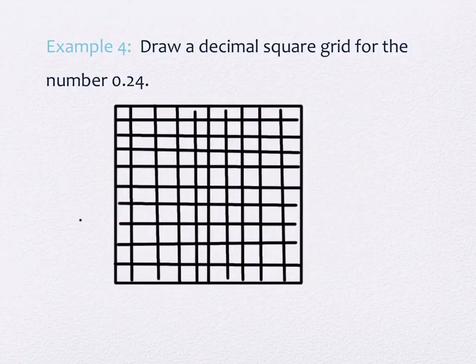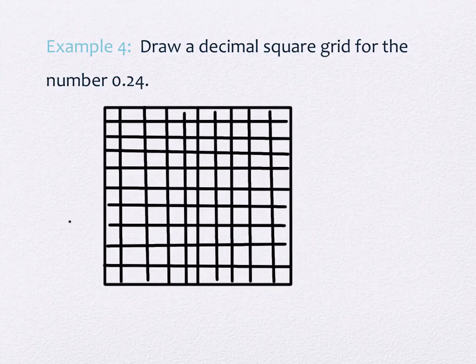You're welcome on your next page to simply write see previous page or something like that so you don't have to redraw your picture. But our question on number 4 asks us to draw a decimal square grid for a specific number, namely the number 24/100ths. So we're going to draw our grid, and then we're going to shade in exactly 24 of them. Now, while it isn't wrong to shade in a random 24, you're probably going to irritate the grader, and if you do it on a test, you're going to irritate me to do that randomly, okay?